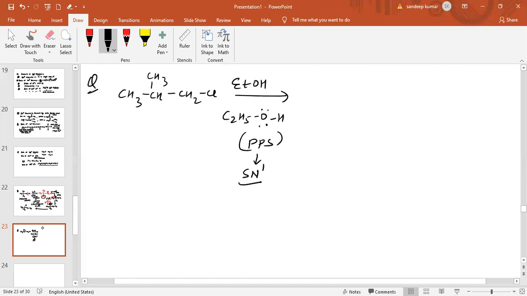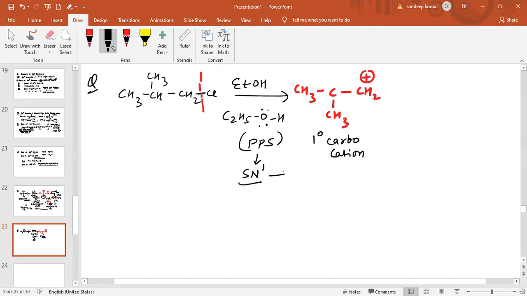So in the first step, there is formation of a carbocation, CH3C, CH3, CH2 positive. Again, this is a 1 degree carbocation.